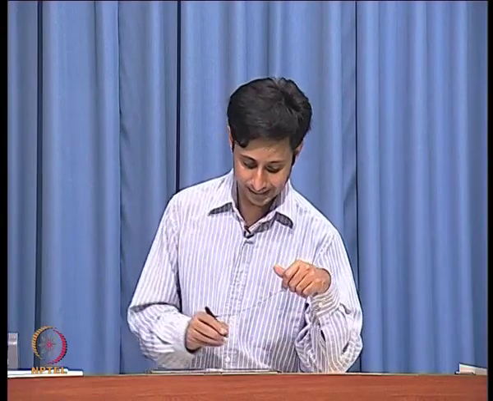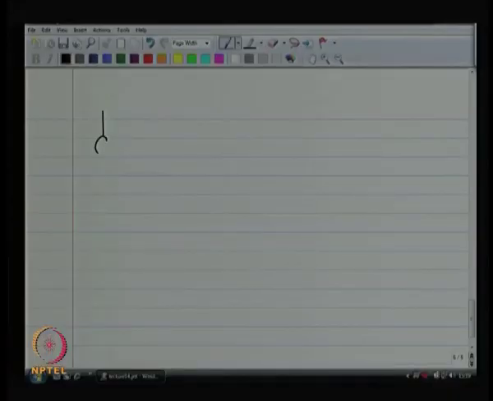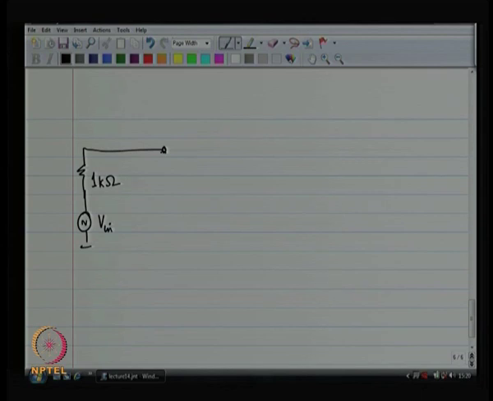And let us say that I have got a voltage source which is inseparable from its source impedance. That is my source, and I am planning to drive this into my load.